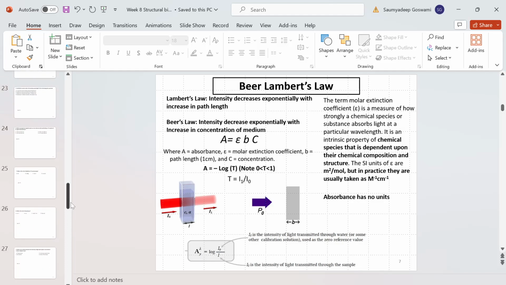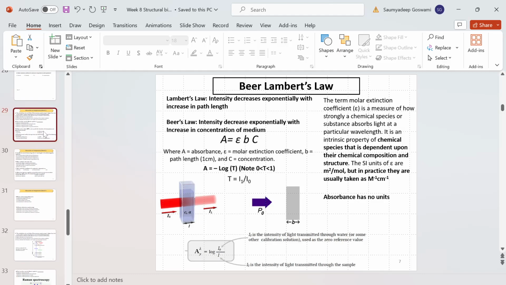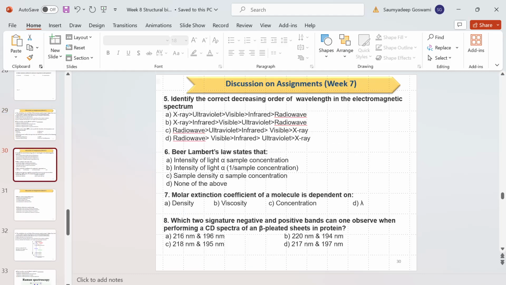But I also had one doubt, because this question was also not clear. Beer-Lambert's law states that intensity of light... what intensity, the intensity of light that is absorbed or the intensity of light that is emitted? If it is intensity of light absorbed, then the answer can be correct.